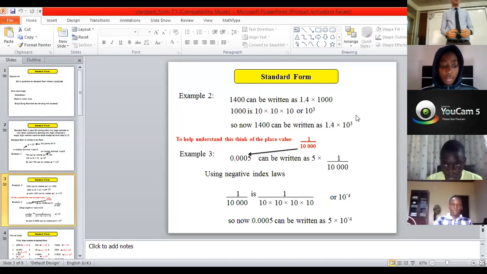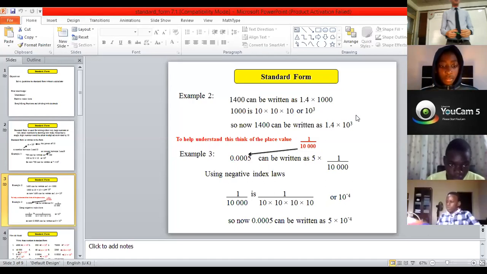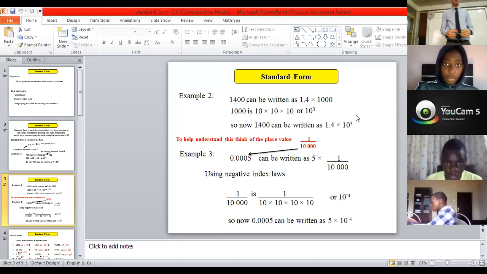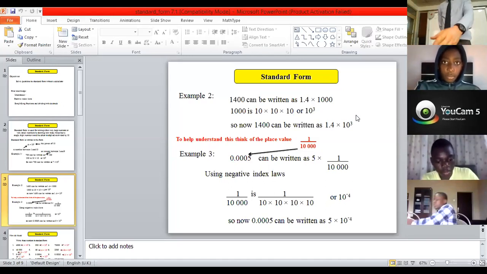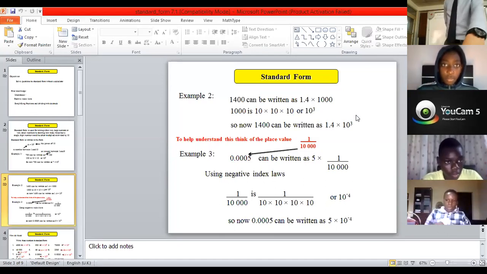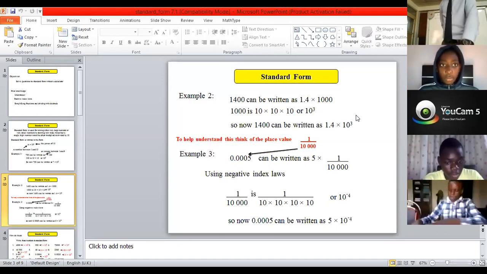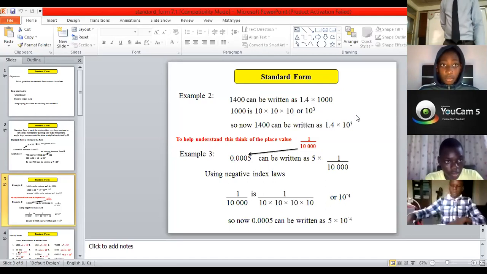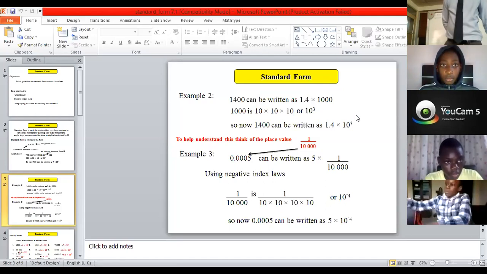You can write from decimal in terms of fraction. And when you have it in fraction form, it gives you 5 times 1 over 10,000. You can see 10,000 split into 10 multiplied by itself 4 times. We've done this under indices, which will give you 1 over 10 raised to power 4.